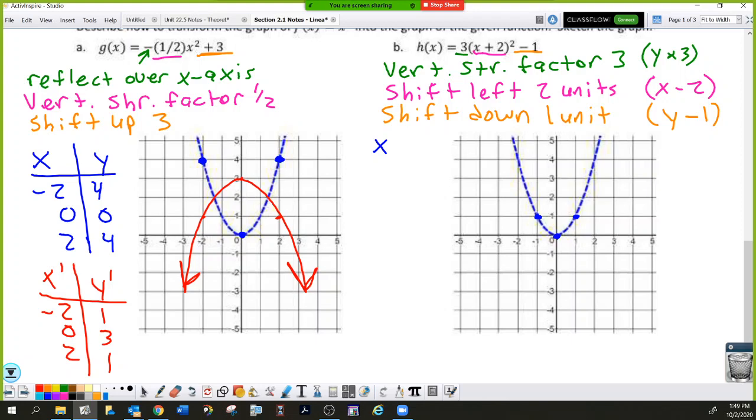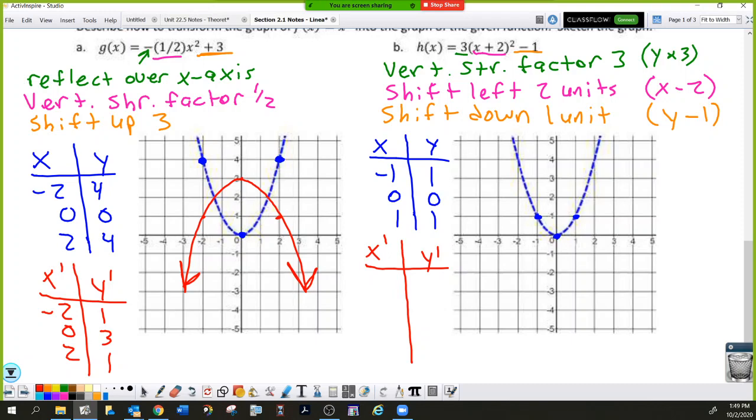So the original tree, -1, 0, 1, its y values were 1, 0, 1. In red, though, are transformed prime coordinates. Great.